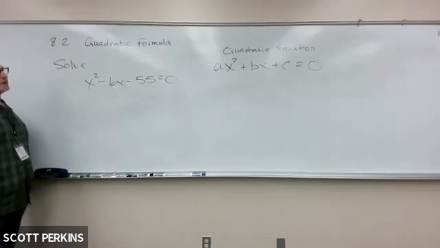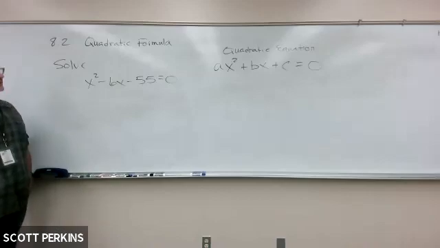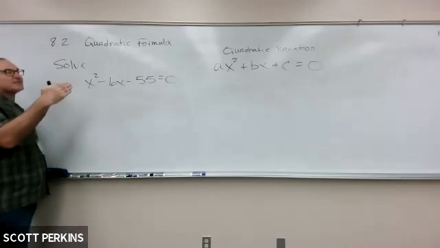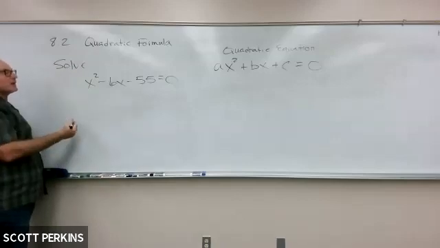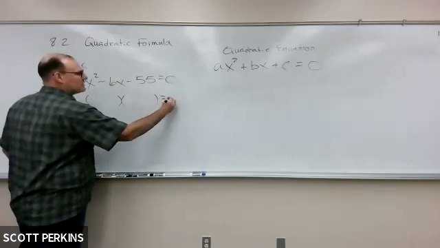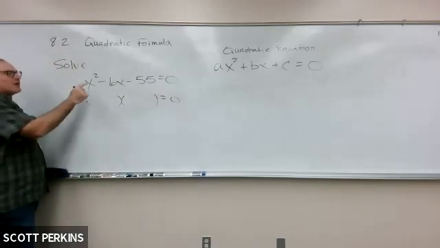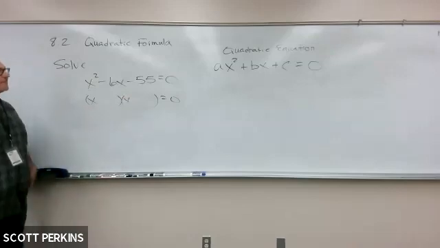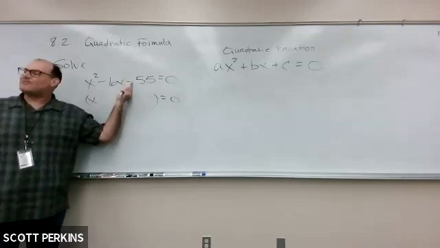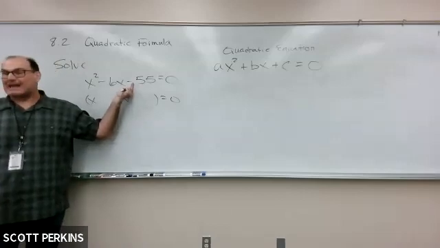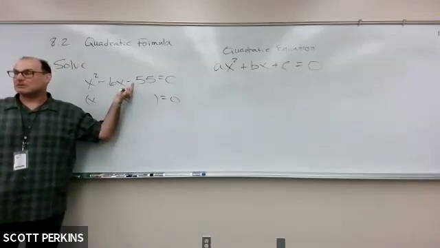Well, let's go for it. The only way we have at this point to solve a quadratic equation is to do it by factoring. So we took this trinomial. We said, okay, x squared has to be x times x. This negative in front of the 55 tells me what about the signs of my factors?